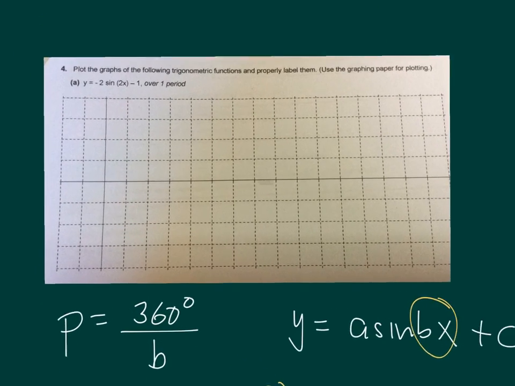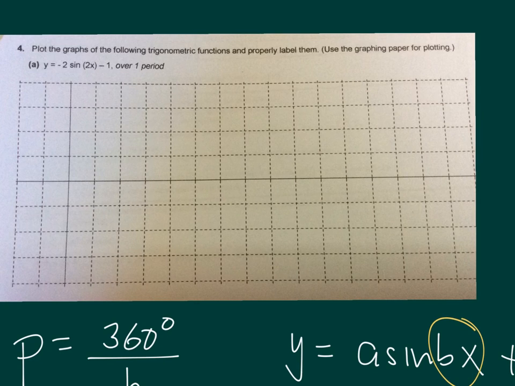So if we go back to the graphing area, we could have 180. Let's use every two grid lines as the main partition. So we have to create 4 partitions for one period. So we have 1, 2, 3, and 4. So this is your 180 degrees, and the partition in the middle is 90.